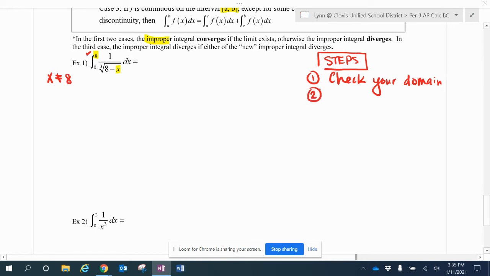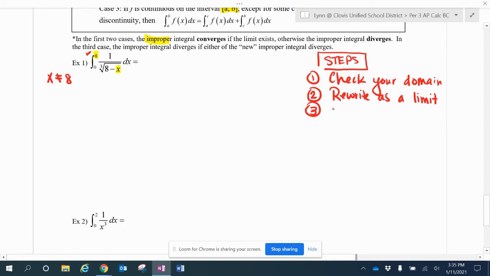Once we see that, we're going to rewrite as a limit, just like we did on the previous problems. And then we can investigate like we did in the Desmos, but we're just going to go ahead and solve each of these. I would highly recommend you graph and check it to see, first of all, if your answer is correct, right? So you could definitely do that.